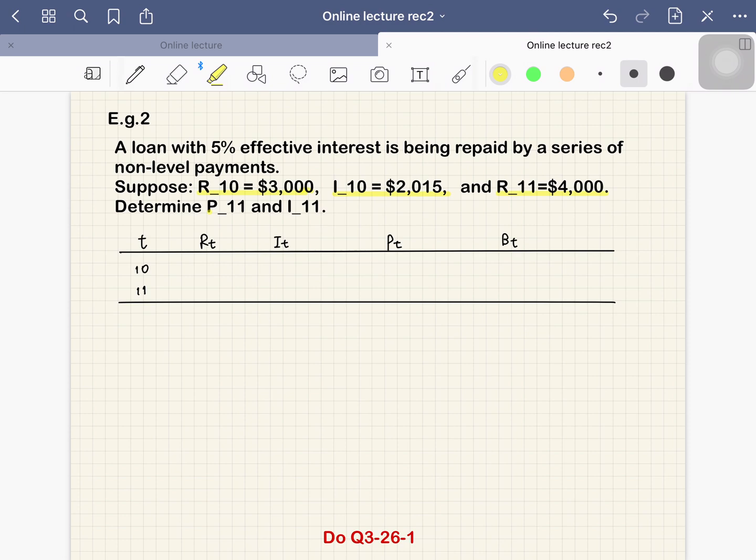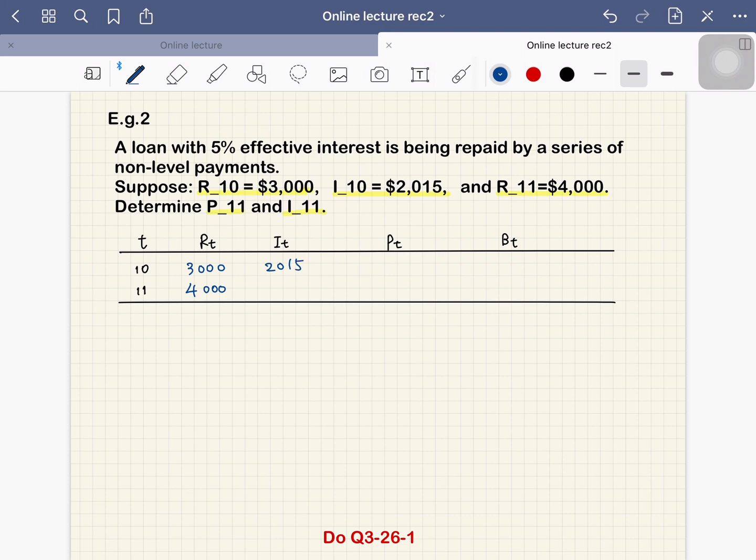We want to determine P11 and I11. So the given information is R10 is 3,000, R11 is 4,000, and I10 is 2015.